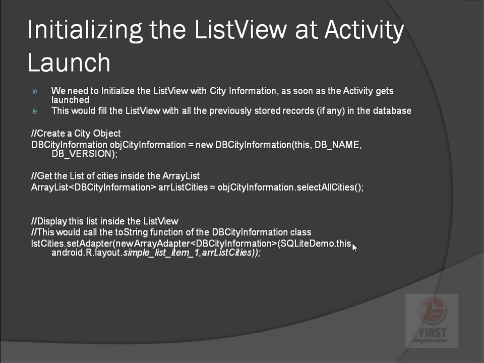In this case, it is SQLiteDemo.this, comma android.R.layout.simple_list_item_1. This is the layout which will be stored, comma the list of cities that we want to display. So this arrListCities contains all the objects. For all the objects, the toString function will be called, and you will be getting all the records separated by a comma.